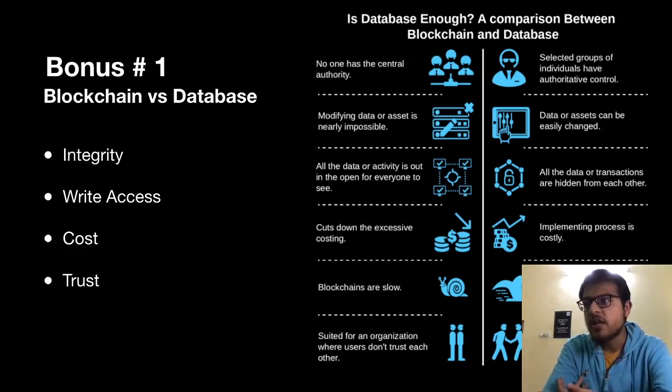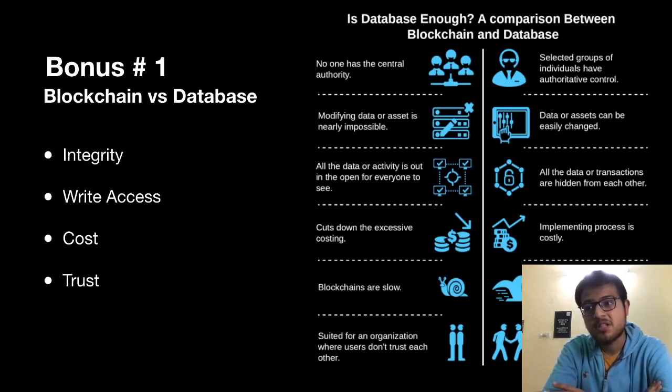Modifying data or assets is nearly impossible in blockchain, but in a database anyone can change your data. Do you want anyone to change your medical history? If not, support blockchain. All the data or activities are out in the open for everyone, whereas in a database, all the data or transactions are hidden from each other.